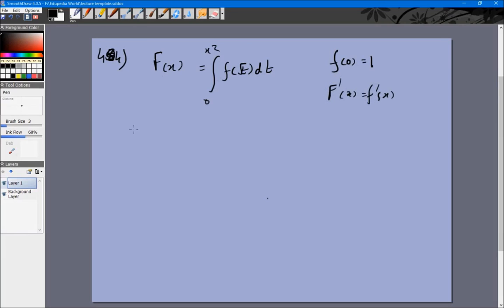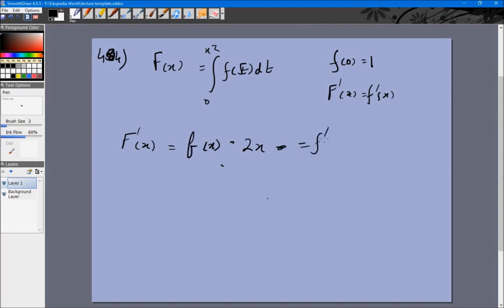So we can find F dash x from here quite easily. That will be f of root t, and root t is obviously x, so f of x into the derivative of this limit, which is 2x, minus f of x into the derivative of this limit, which is 0. So F dash of x is equal to fx into 2x.